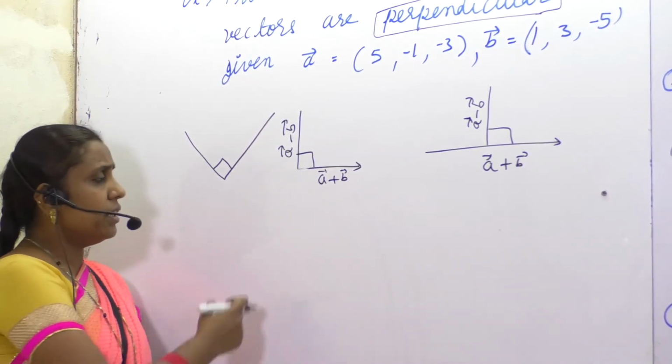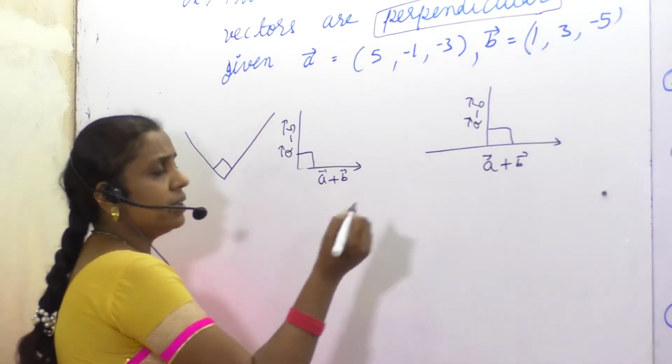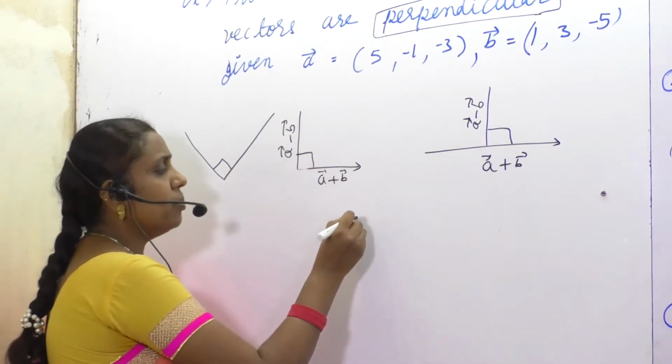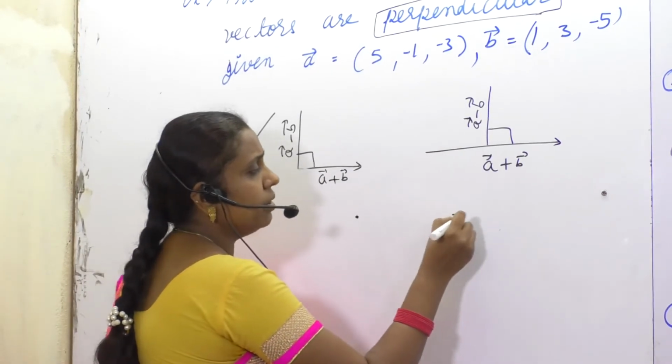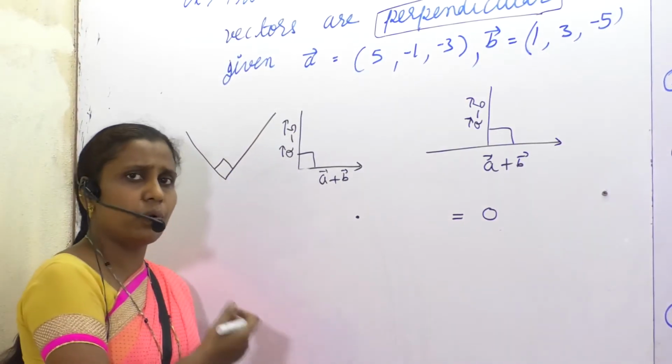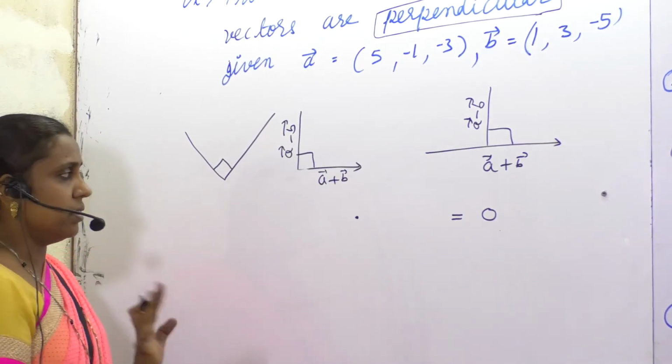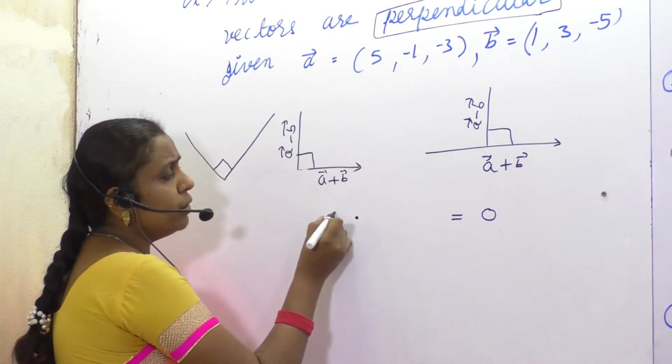Okay, in this case what you must be knowing is that the dot product is equal to 0. If the dot product is equal to 0, then you are proving that the given two vectors are perpendicular to each other. Dot product of which two vectors?